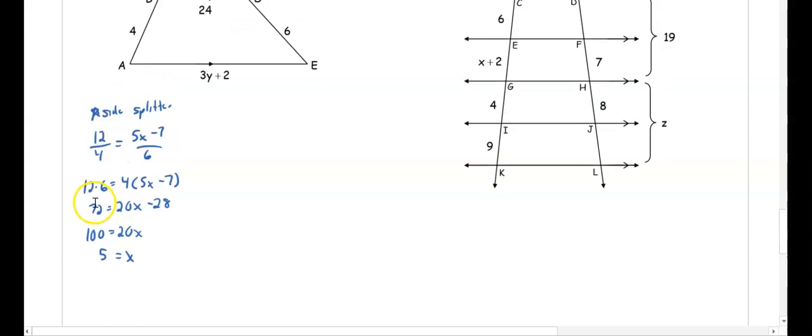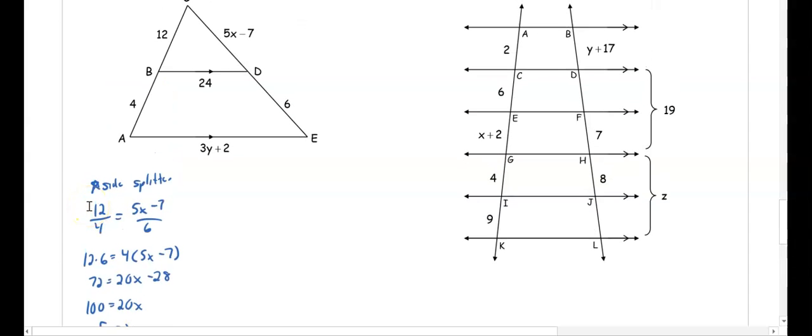When we go to solve for y here, though, we're not able to use side splitter because 24 and 3y plus 2 are on the bases of the triangle. So we would have 24 over 3y plus 2 equals the side length from the smaller triangle, which is 12, over the whole side length, 12 plus 4, which is 16.